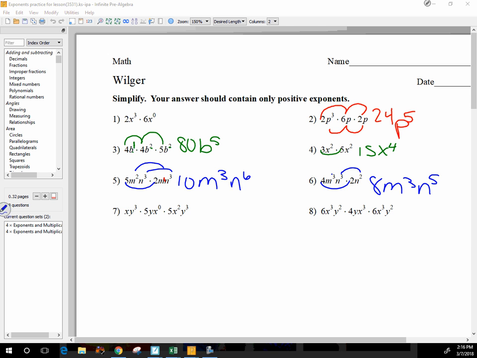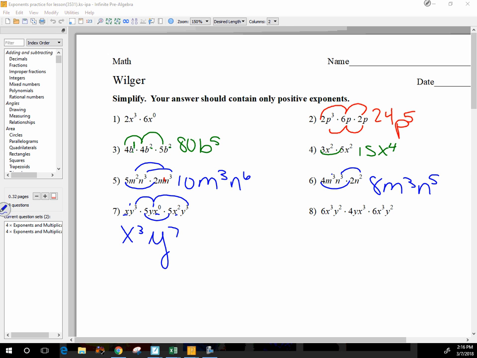I have x's, I have an x, no x's, and 2 x's. So I have, this is a 1. 1, nothing, plus 2. I have 3 y's here, 1 here, and 3 here. So I have 3, 4, 7.